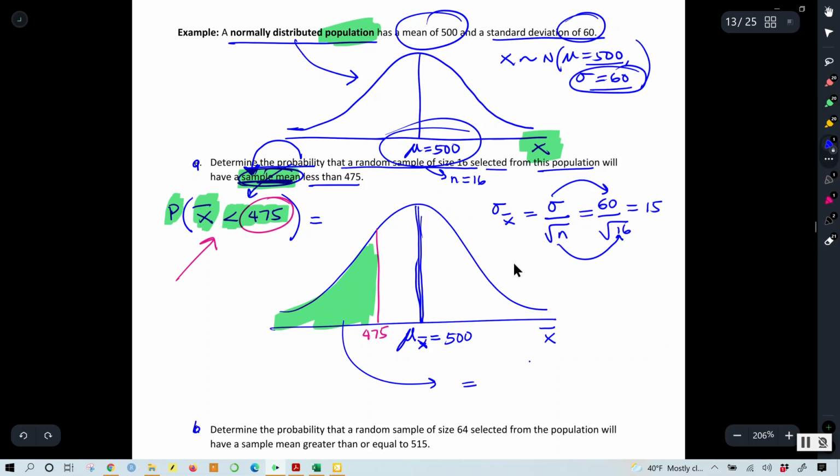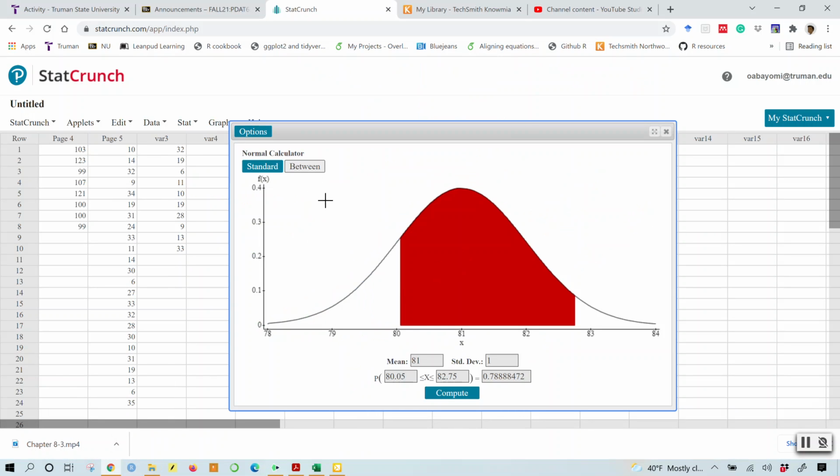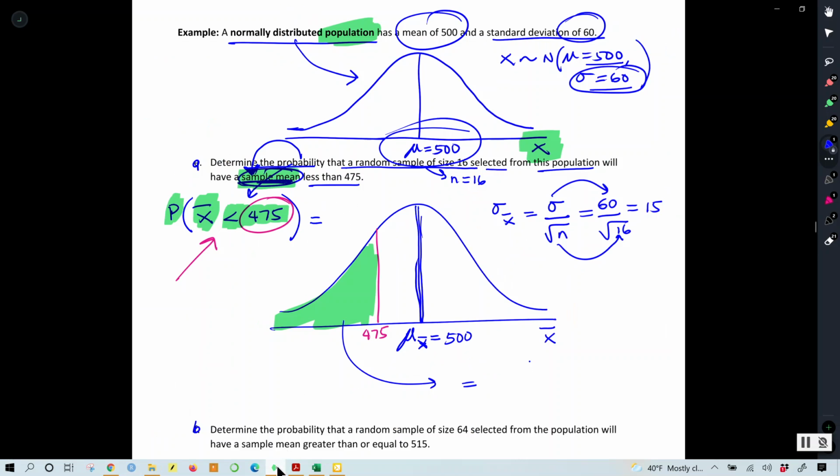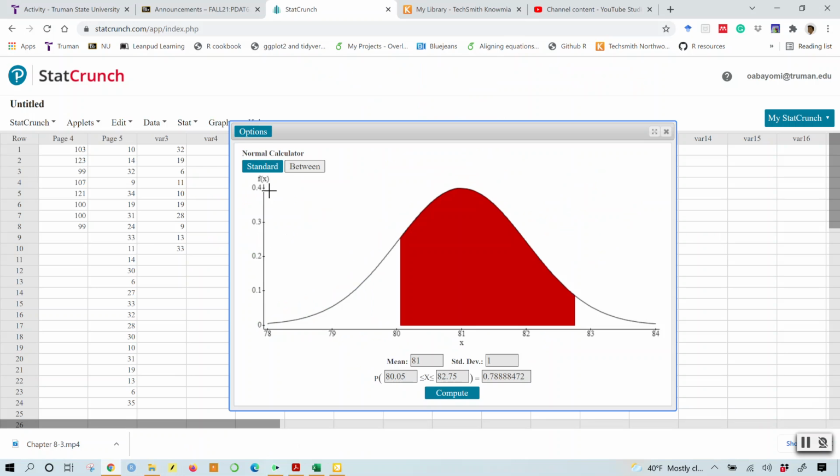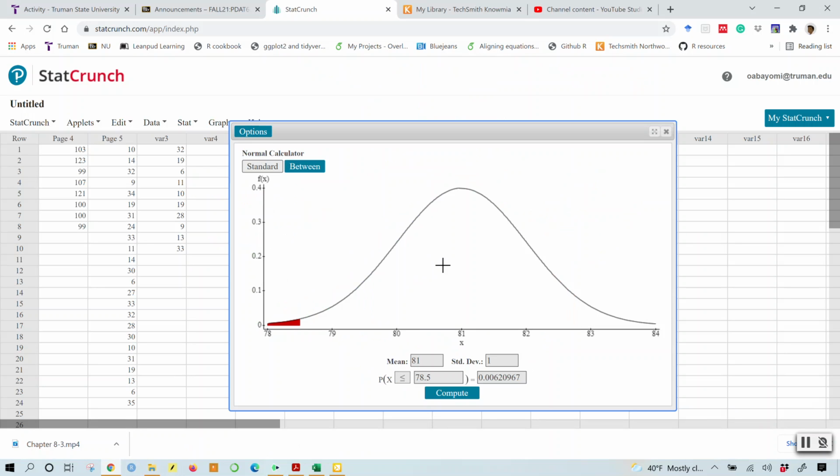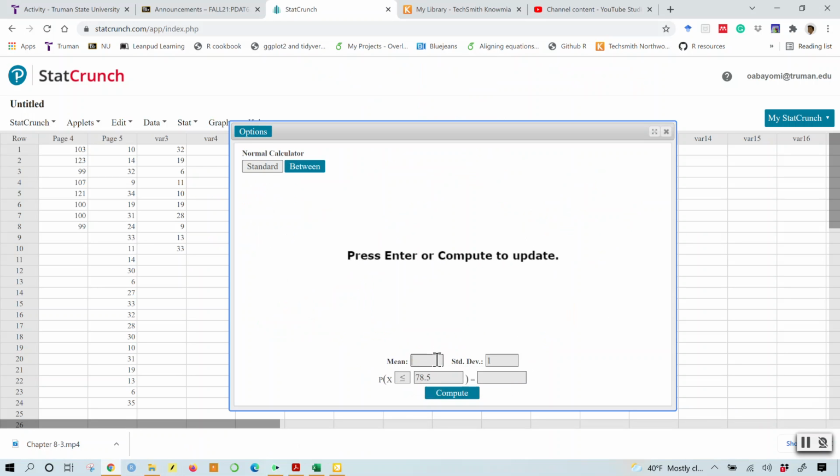I will key in the parameters of this distribution. So back here, I still have my interface for between, but this problem is not finding a probability between two values. So I need to adjust my interface back to the standard interface. Then I will set up my parameters.